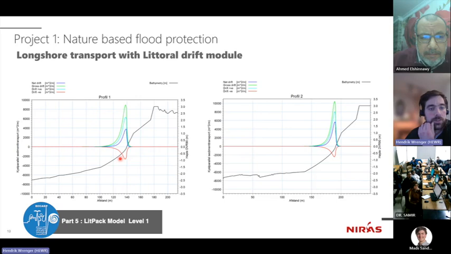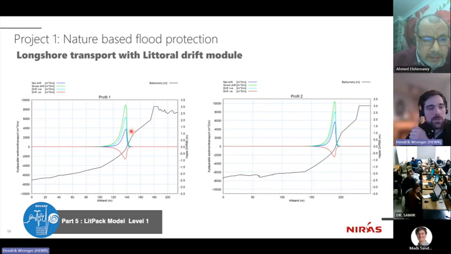So the red and the turquoise lines are the transport in the two different coastal directions. And the blue one is the difference, which is the net transport. So again, that would be the one relevant for coastline evolution, because that's what on average is transported in one or the other direction.